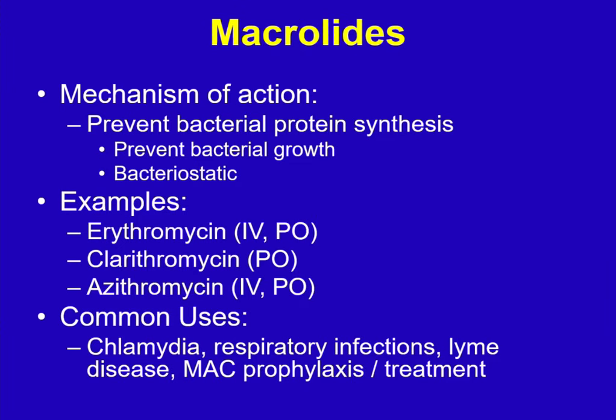All but clarithromycin have an IV and PO version, and they're used more for respiratory infections, chlamydia, and atypical infections like Lyme disease as well. And we use it in our HIV population for MAC treatment and or prophylaxis. We used to do a lot more prophylaxis than we do now, because we used to have a lot more sicker patients in our AIDS population who would not take our medications than we do in the past.